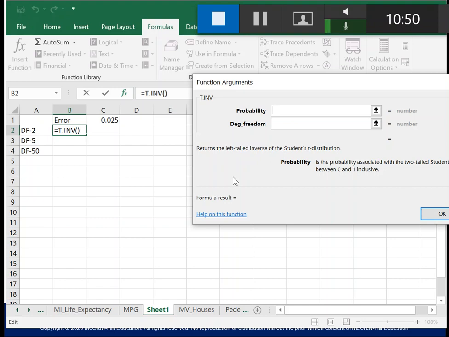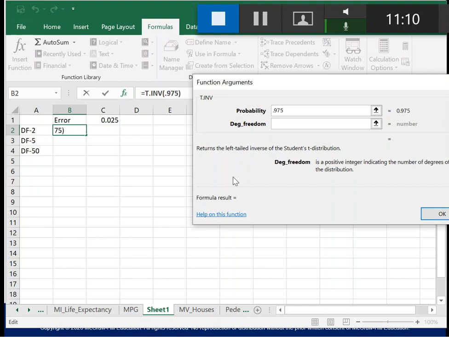If I want to calculate just the left tail, I'll put 0.025 in here. But if I want to calculate the right tail, like the table is going to give us to get the table value, I'm going to say 1 minus 0.025, which is 0.975, okay?